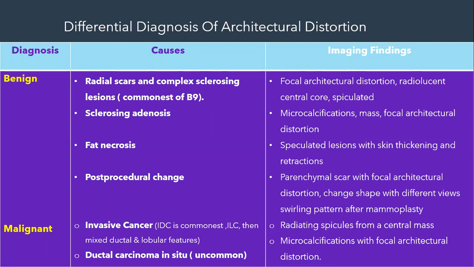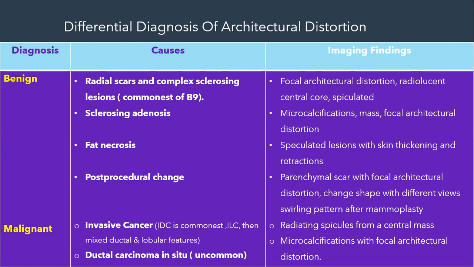So you will see bilateral nipples lifted and pointing up, and it might be associated with complications like seroma, abscess, or fat necrosis. The commonest is fat necrosis. I have seen a lot of mammoplasty patients having fat necrosis.